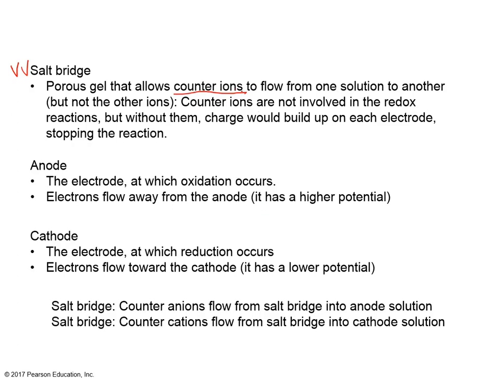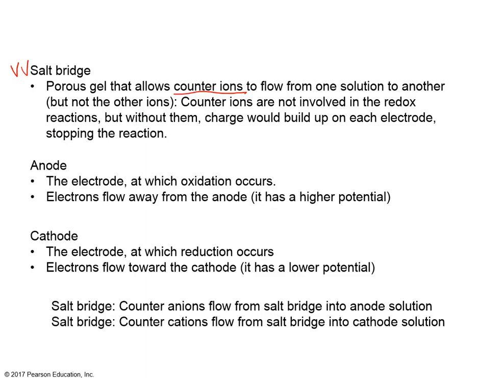So these counter ions are not involved in the redox reaction at all. But if you don't have these counter ions, there will be no complete circuit. Right? The charges will just build up on one electrode and then stop the whole reaction. That's why you need those counter ions in there.